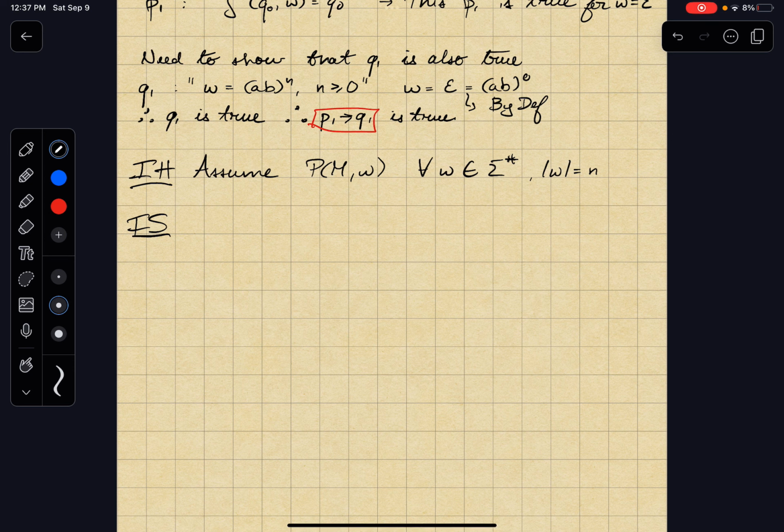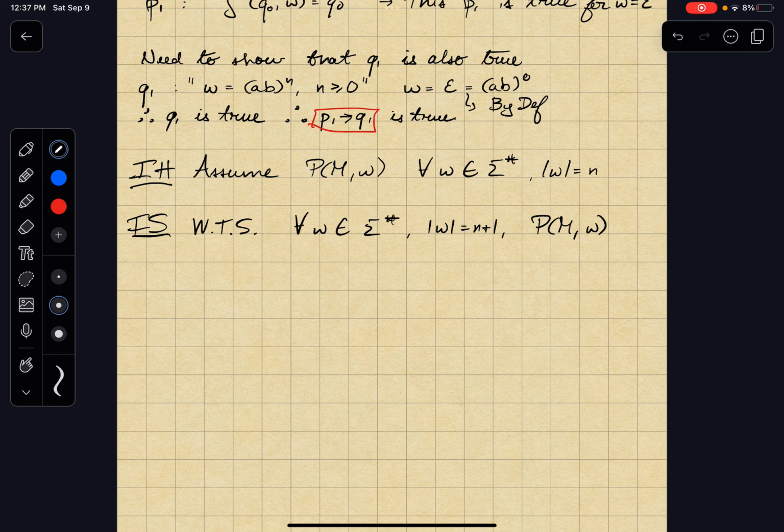And now in the inductive step, what we want to show is that for every string W in sigma star, where the length of W is n plus 1, P_M of W is true. So that's what we want to show.